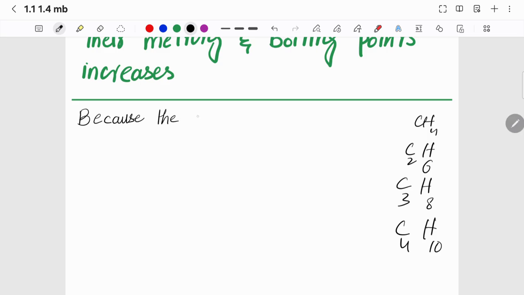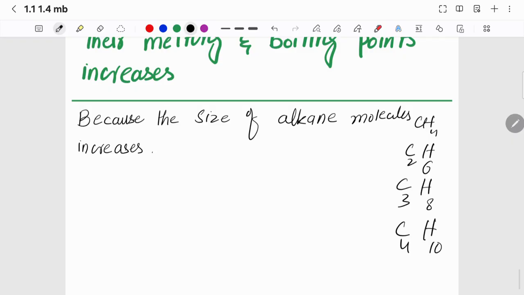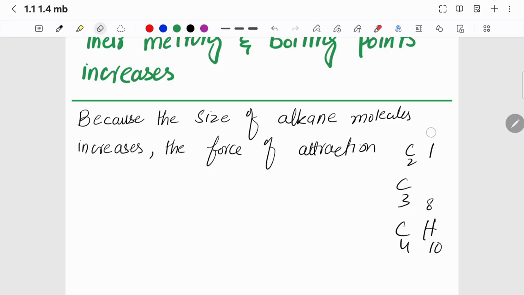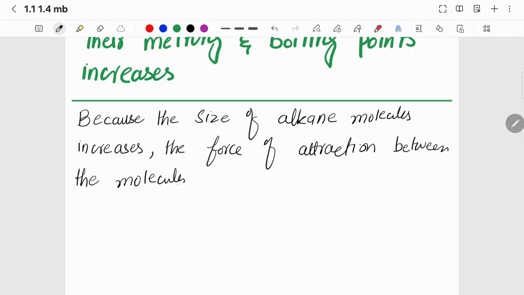Because the size of alkane molecules increases, the force of attraction between the molecules also increases.